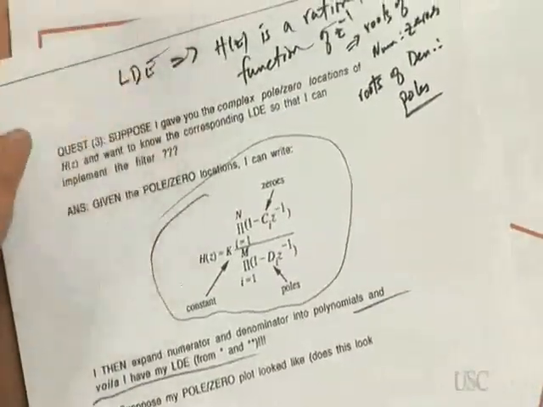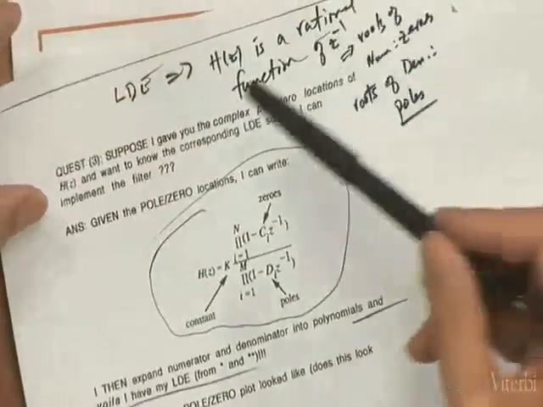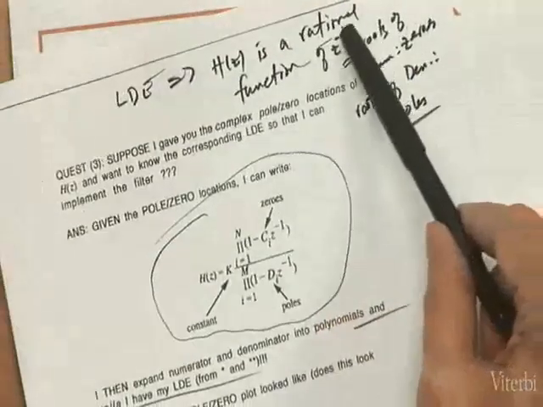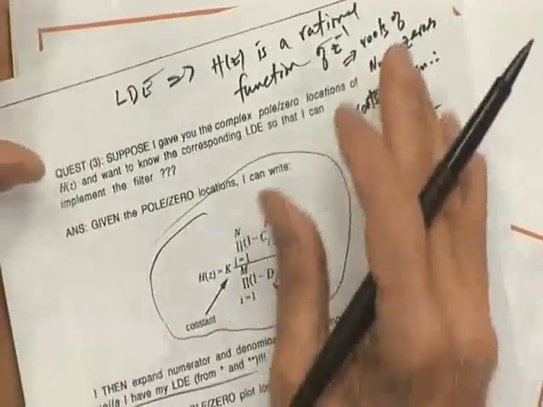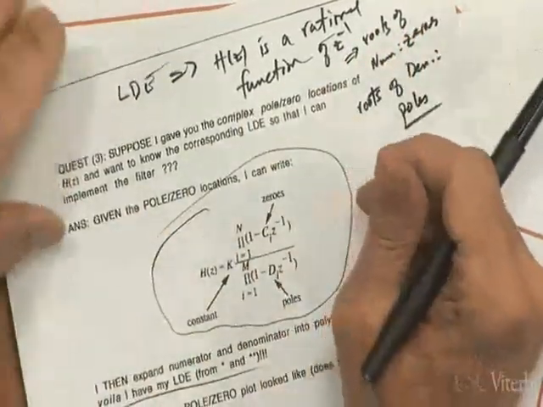And furthermore, if it's a causal LDE, then H of z is a rational function of z inverse. There's no positive powers of z.